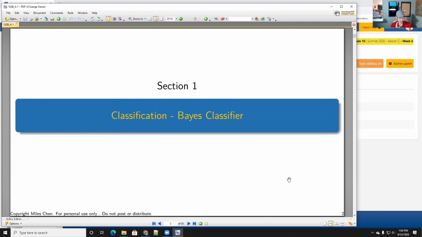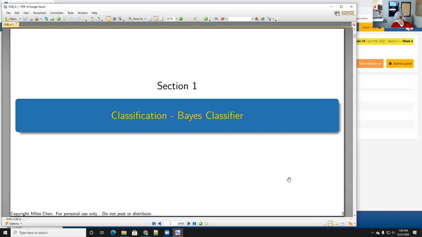Okay, so we're going to start introducing classification methods, and if you have the textbook, last week we left off in chapter 2, which was about maximum likelihood estimation. I am skipping chapters 3 and 4 entirely, which is about Bayesian statistics, and then we're going to jump into chapter 5 today.